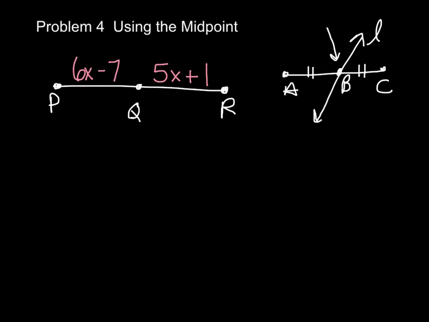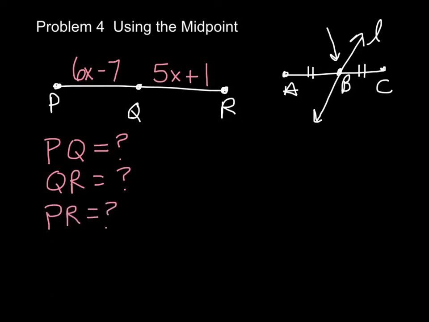So write this problem down under the got it on problem 4 on page 454. Here's what it says. Q is the midpoint of segment PR. So here's what I want to know. What is the length of PQ, QR, and PR?